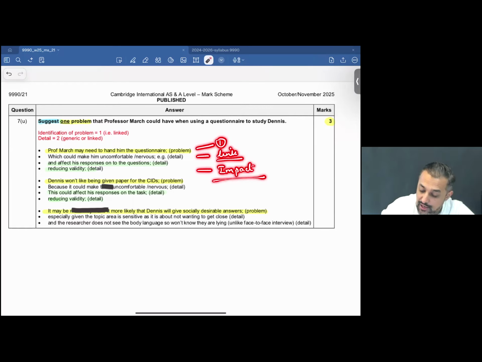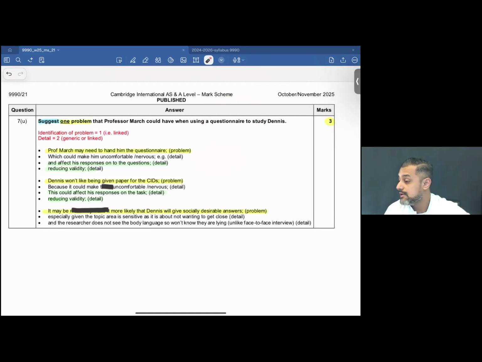So you're writing how this is eventually going to affect the credibility of the research or the worth of the research. Another example we have in front of us: it may be more likely that Dennis will give socially desirable answers, because again, we're talking about a questionnaire. Both questionnaires and interviews are examples of self-report measures.